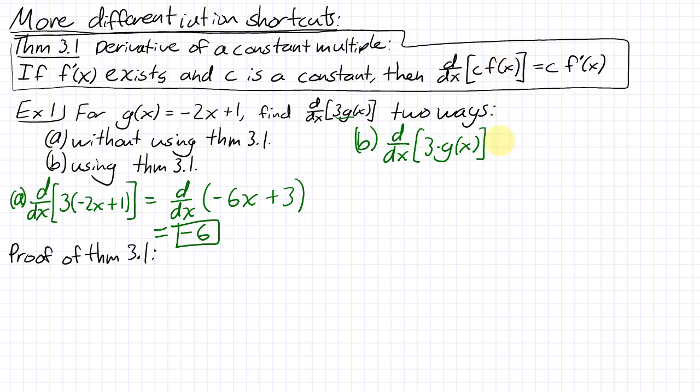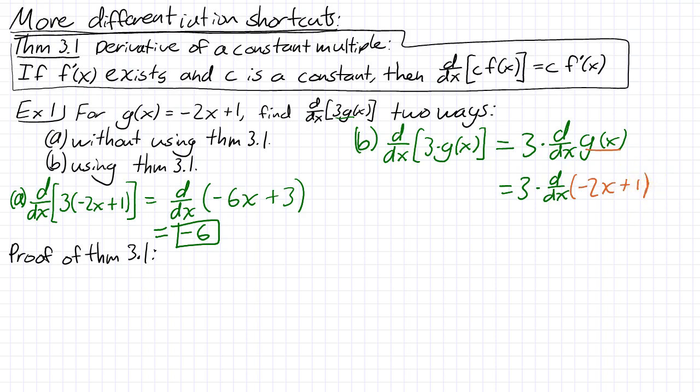So you could use this rule to say, according to this theorem, I can just take the 3 out and then multiply that by the derivative with respect to x of g of x. And then g of x we can replace with its formula, -2x plus 1.